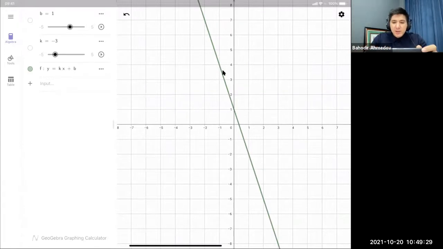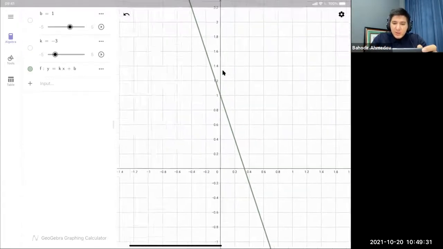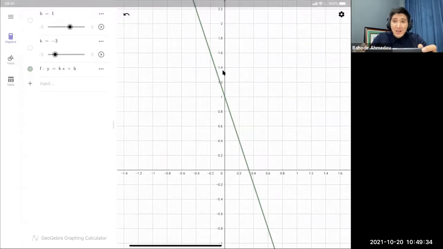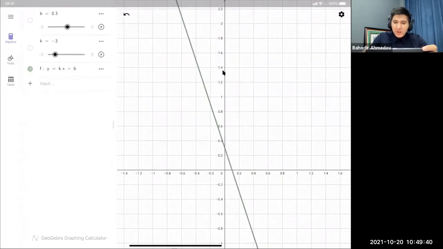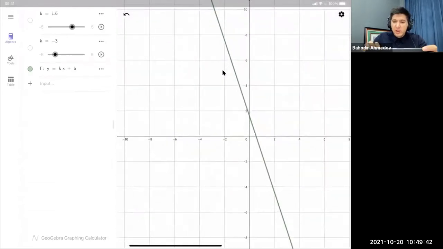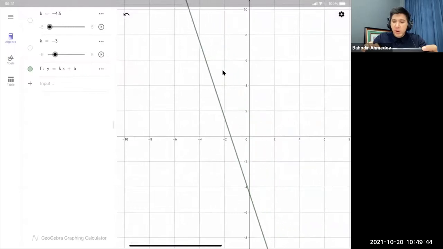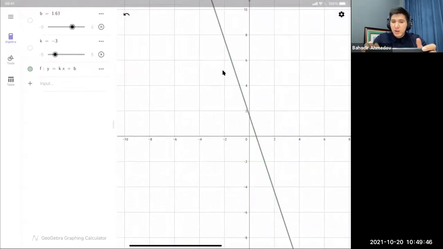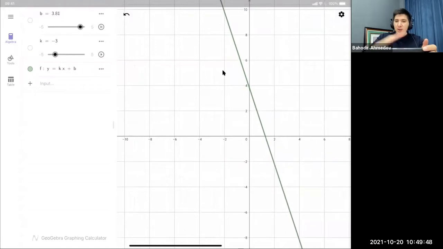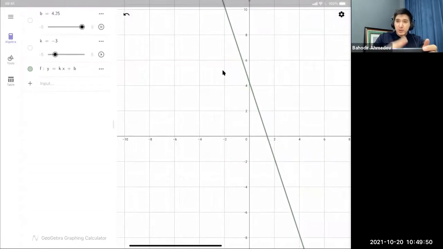At the same time, you see this line is crossing the y-axis exactly at the point 1, because b is 1. If you change b, it is going to change the height of your line. It tells you at which point your line is going to cross the y-axis. This is what b controls.